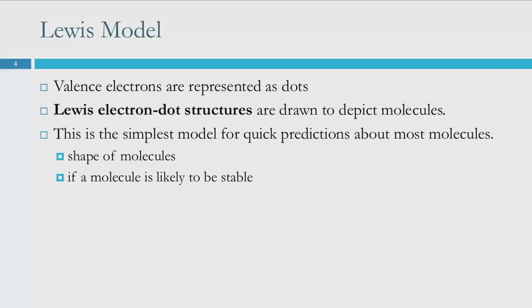So in the Lewis model, valence electrons are represented as dots. Who remembers what valence electrons are? Yeah, they're the electrons in the outside shell, in the highest n level shell.